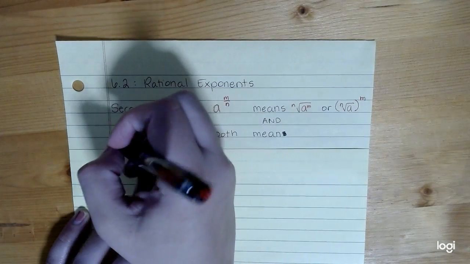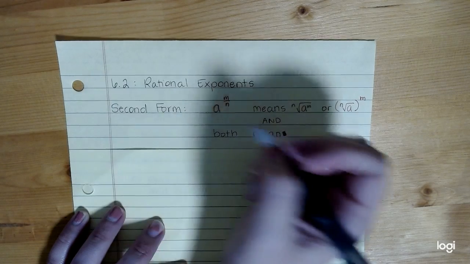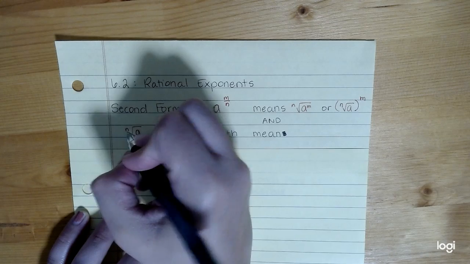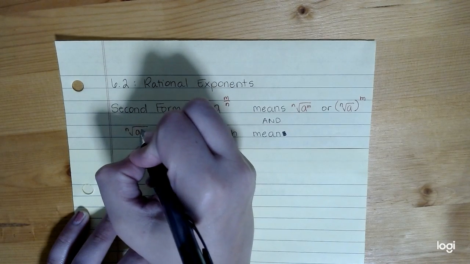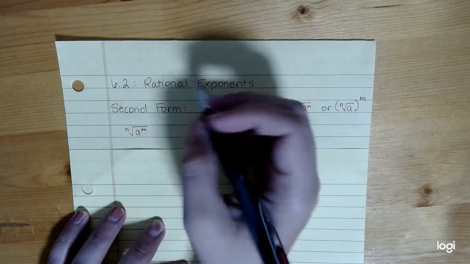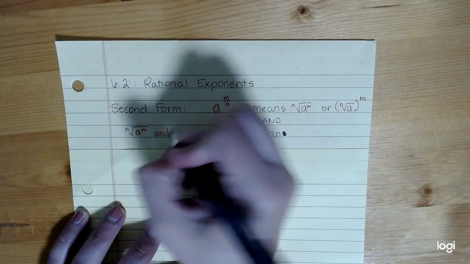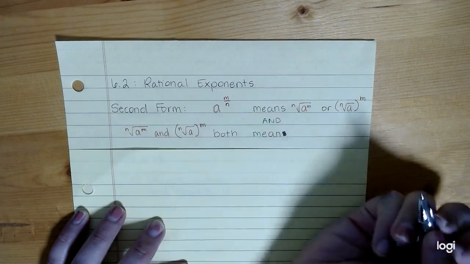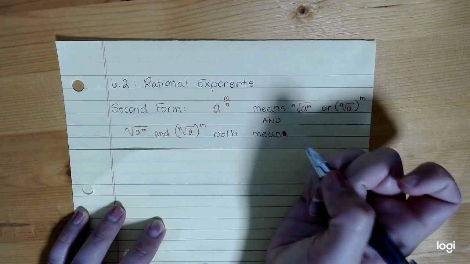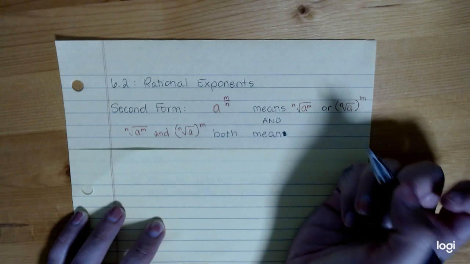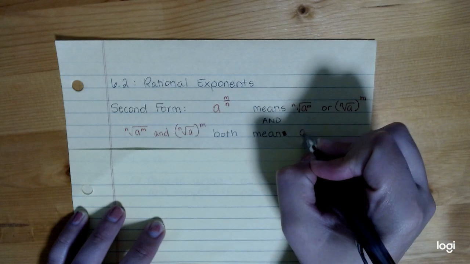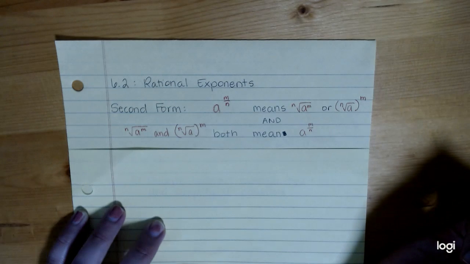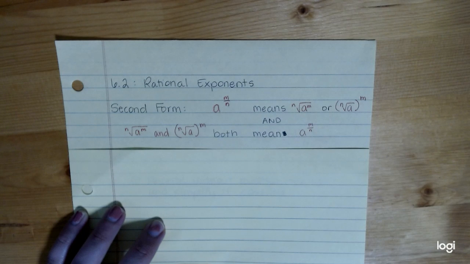And so because it's an equivalency statement, we can also imply that we could read the nth root of a to the m, and the nth root of a to the m, so that both of those radical notation forms mean the same thing as a to the m over n power. So that's our rational exponent notation there.